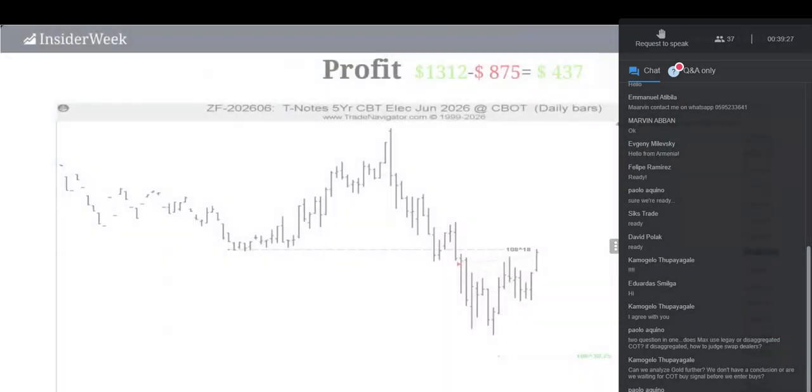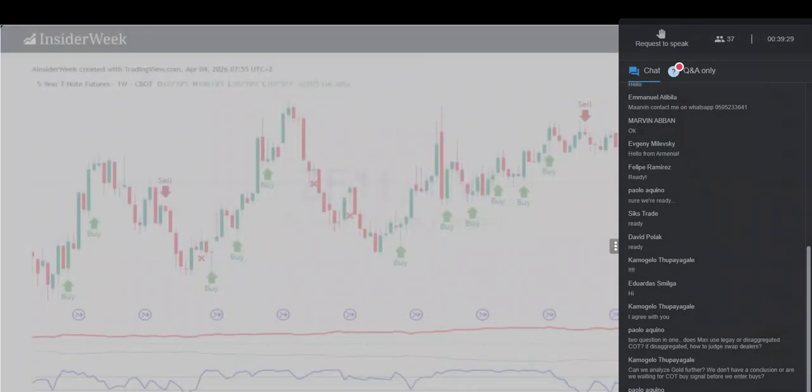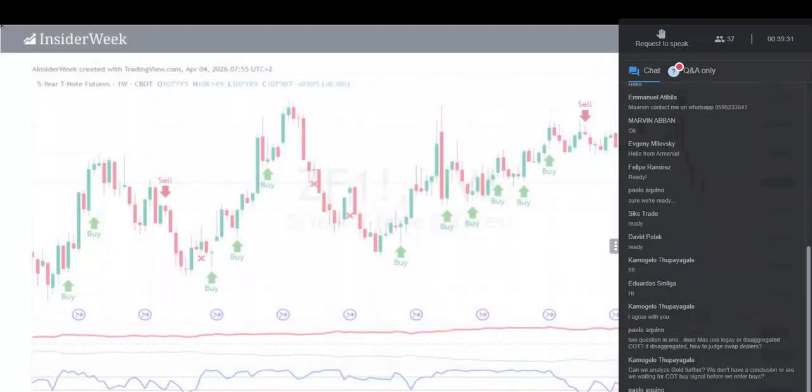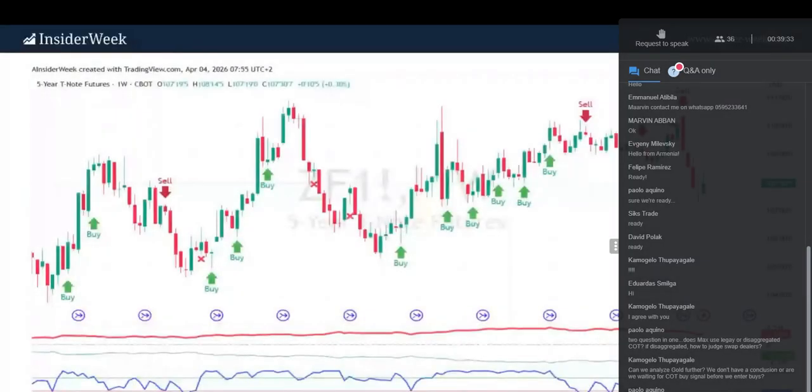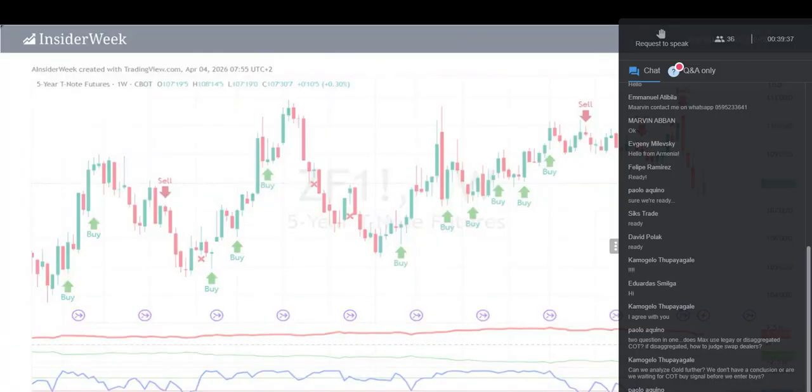So I tried, as you can see, to trade this down trade in the market. So this sell signal, the last sell signal, I tried to trade. So let's have a look how it was.